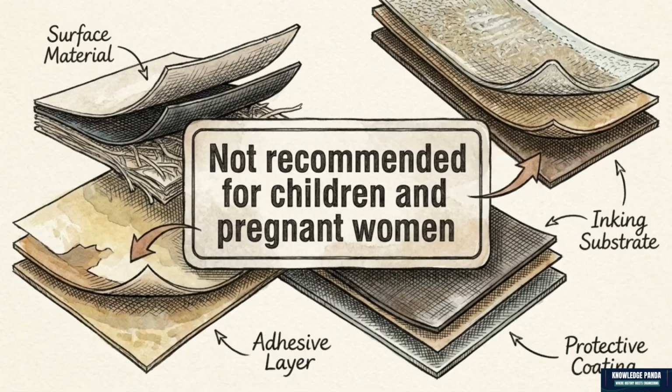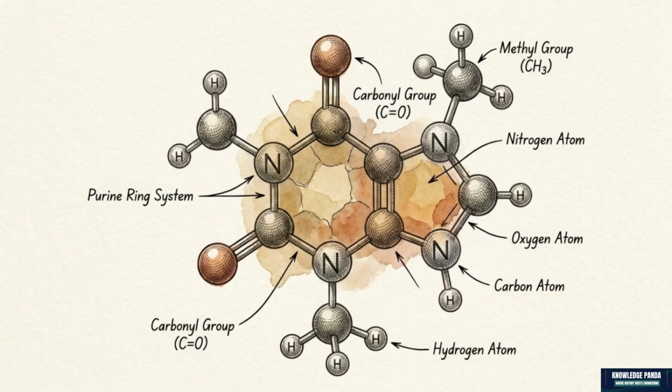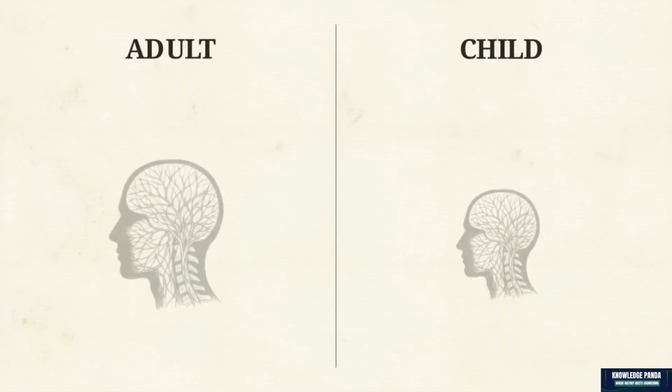This measurable biological impact is the explicit reason for the required warning label, not recommended for children and pregnant women. The primary active payload, caffeine, acts as a potent central nervous system stimulant. This schematic compares the resulting physiological response.